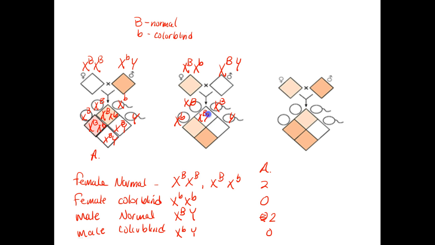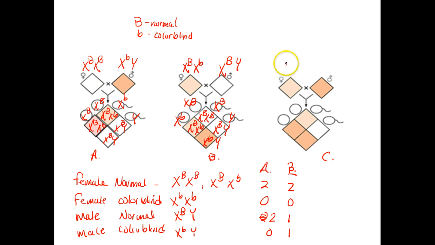So you have a normal female, normal male, a female that's a carrier, and a colorblind male. So this time our phenotypic ratio is 2 normal females, 0 colorblind females, 1 colorblind male, and 1 normal male. Okay, so this is B.